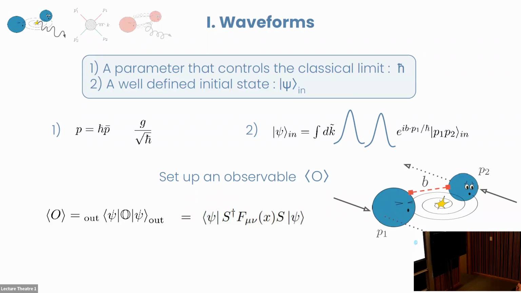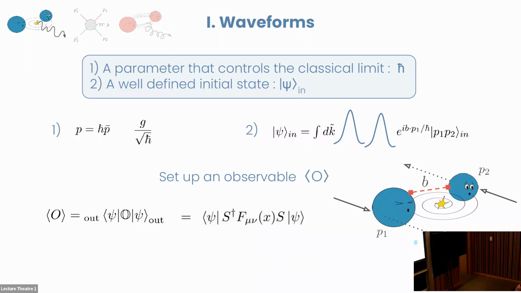The other ingredient that we need here is this initial state. I've borrowed this nice and simple form of our initial state from Donald's talk. This is a sketch of how we want to model this. We have our two point particles that are going to be spinless massive particles that are going to scatter past each other with an impact parameter b, and then we'll have some radiation coming off it.